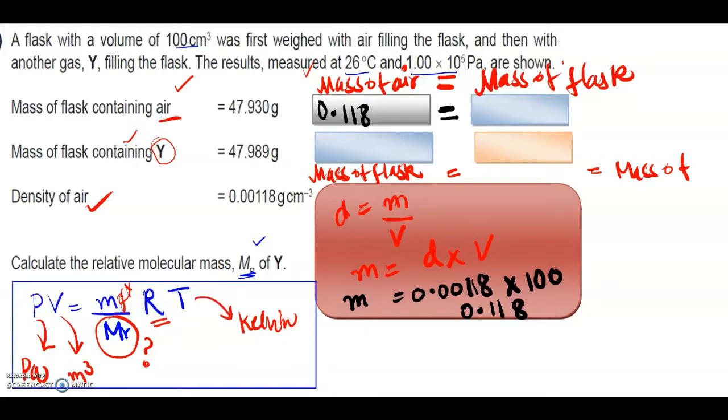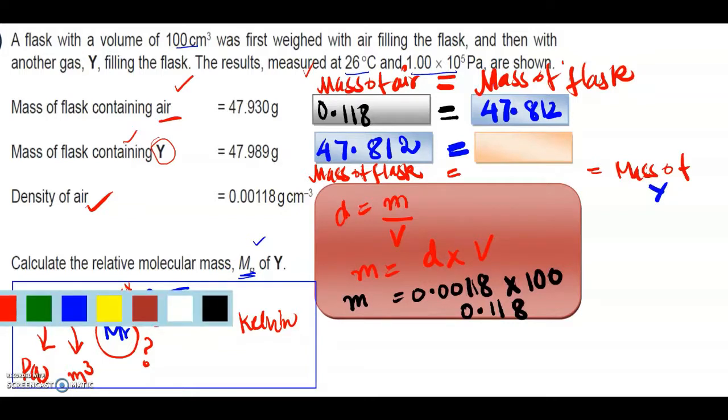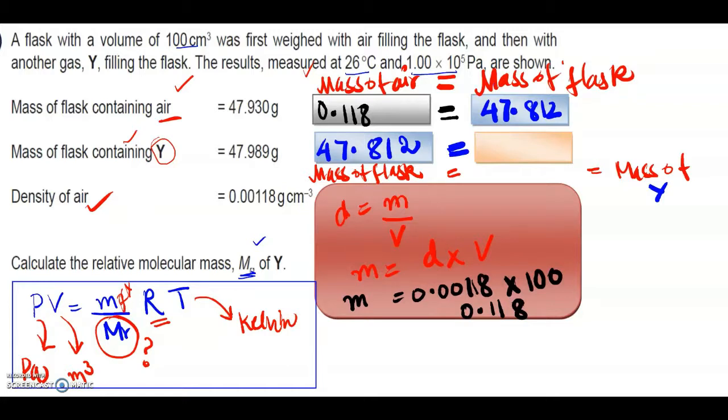And what is the mass of flask here? By subtracting, you get 47.812. And by subtracting 47.812, you will get your mass of Y, which is 0.177.